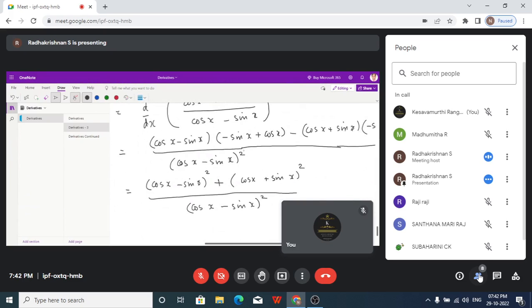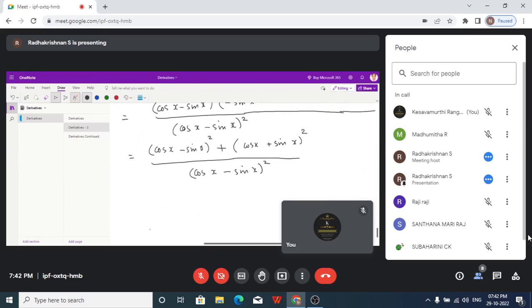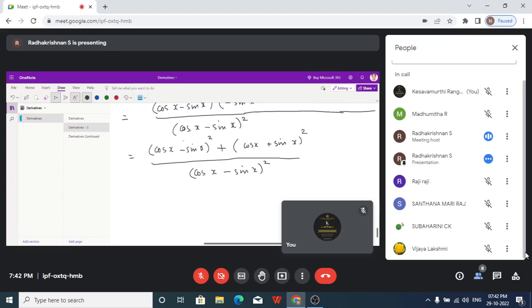We keep the denominator as it is, since the numerator also has (cos x minus sin x) the whole square, so that will get cancelled out. Let's simplify only this numerator: in one square we have minus 2 cos x sin x, in the other plus 2 cos x sin x, so both cancel. This becomes 2 times (cos square x plus sin square x), the same as before, which is simply 2.